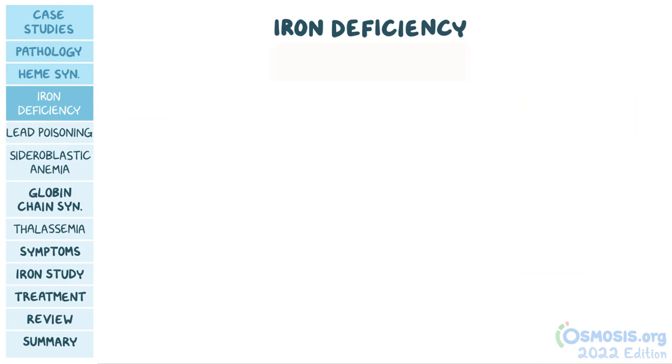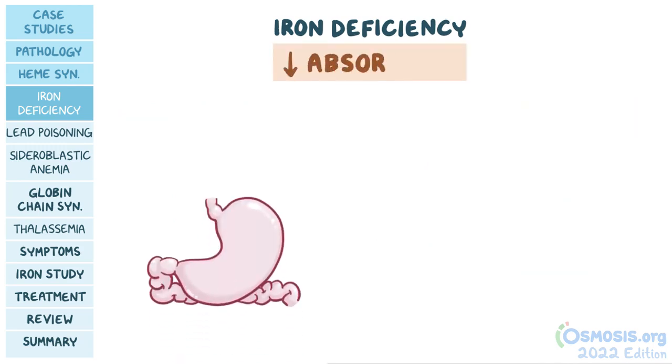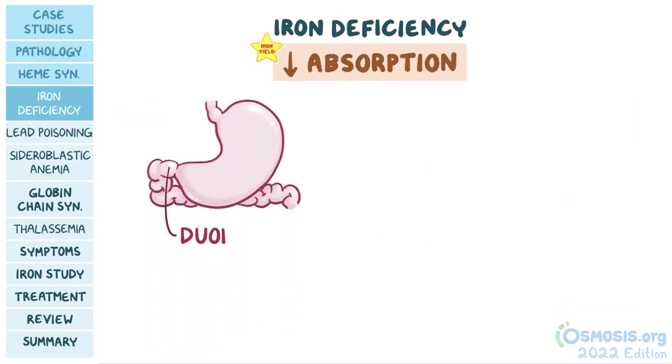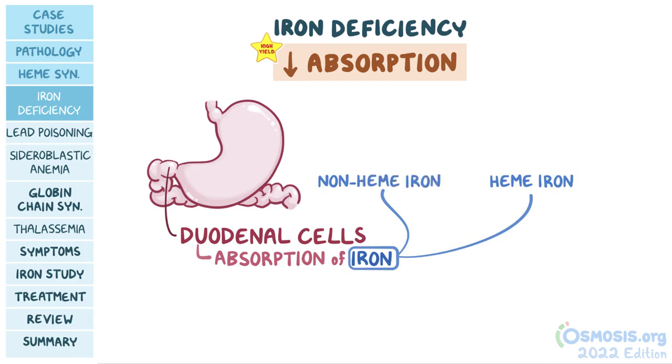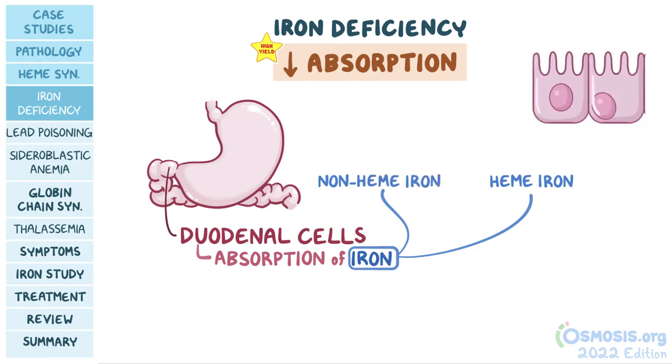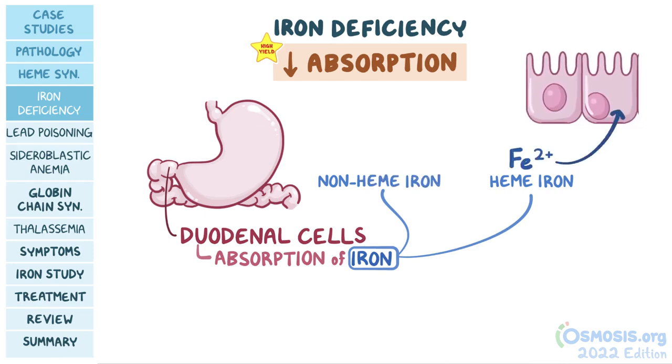Another cause of iron deficiency is decreased absorption. The duodenal cells are normally responsible for the absorption of iron, which is present in 2 forms in our diet: the heme iron and the non-heme iron. The heme iron is in the ferrous or Fe2+ state and can be directly absorbed.